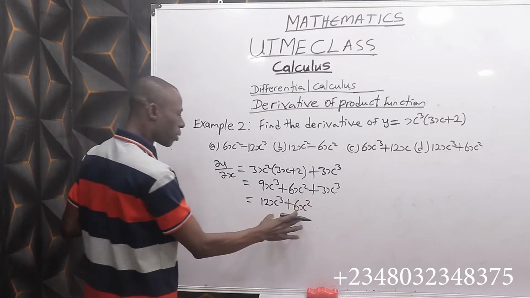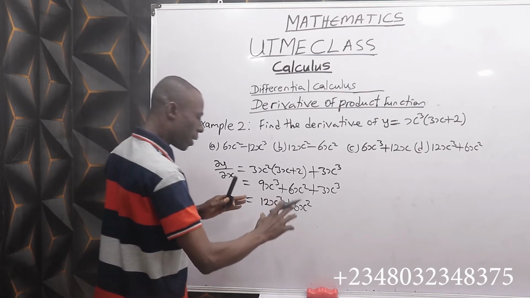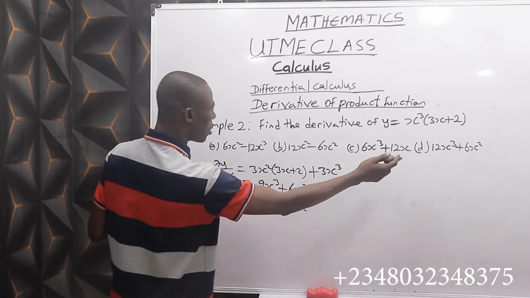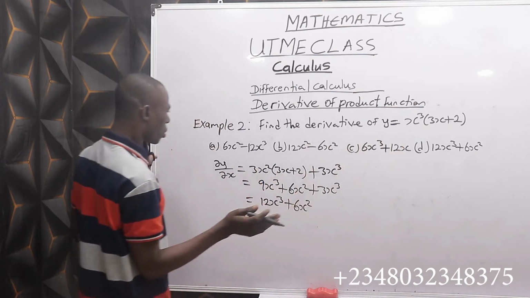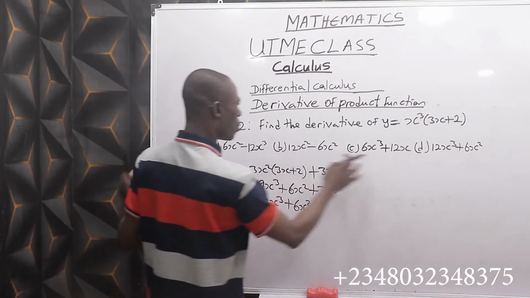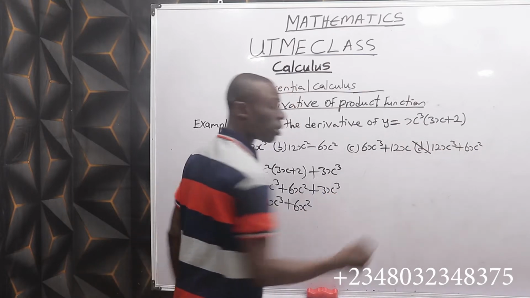This is the result. It could be simplified by factorization. It should be factorized, but in the options, it is not factorized. So let's look at our answer there. 12x raised to the power 3 plus 6x squared. The correct option is option D.